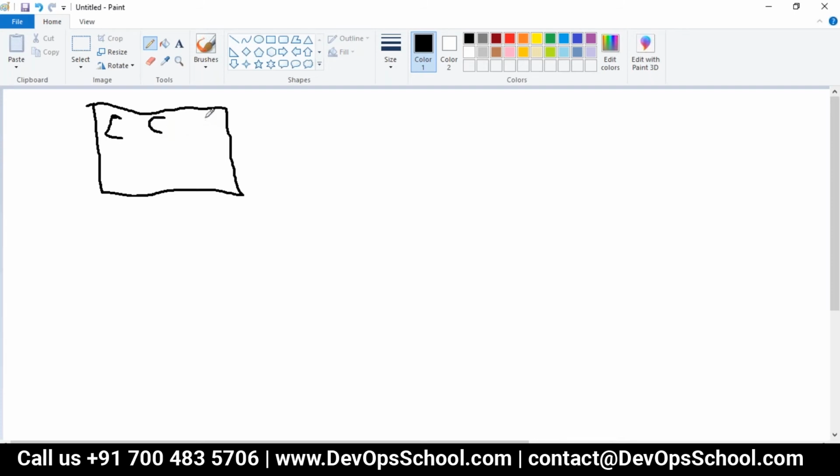Now guys, what is the container management tool for the time being, what we have learned? Docker. Wonderful. So you know that Docker is managing all these containers very well.